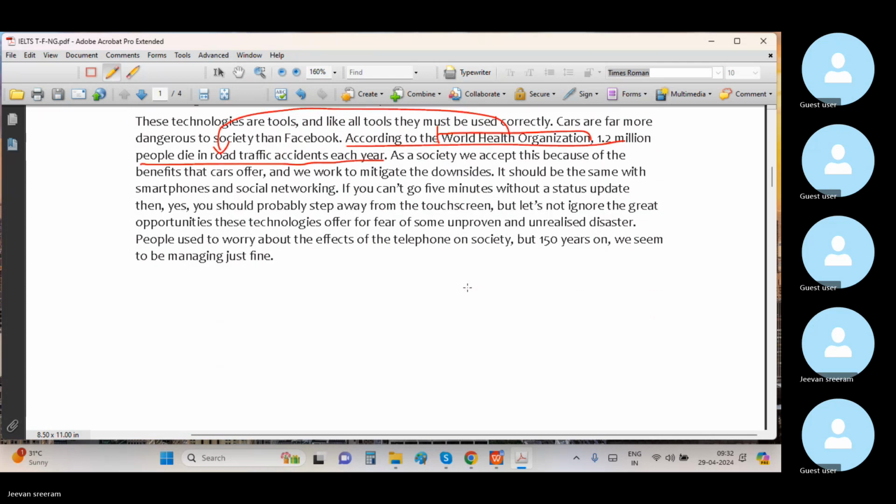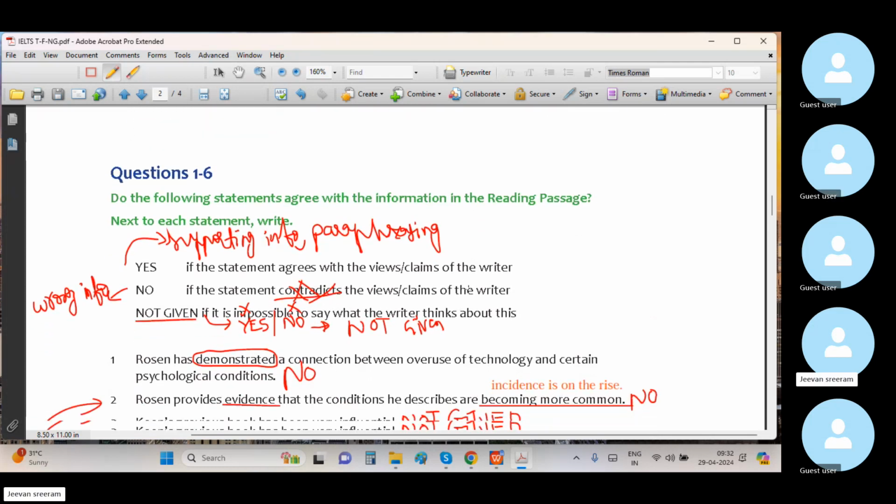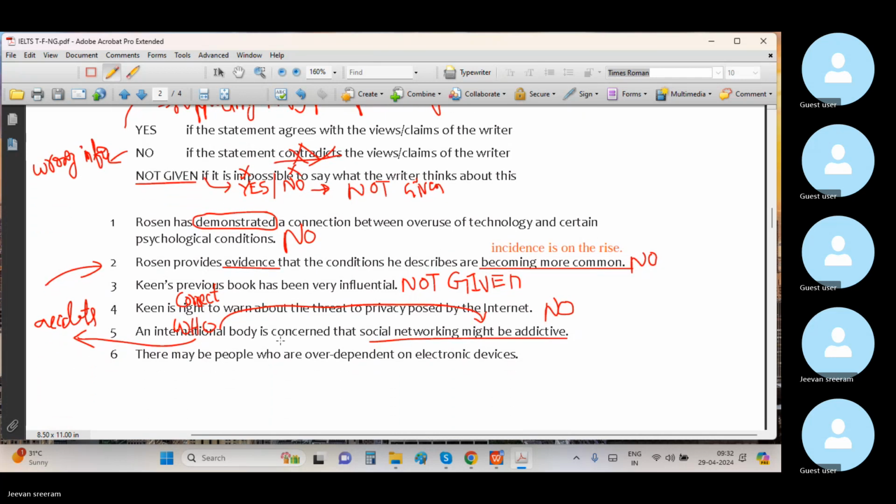That's it. There is no concern about the idea that social networking can be addictive, and that was not presented by the international body. Is it clear, buddies?